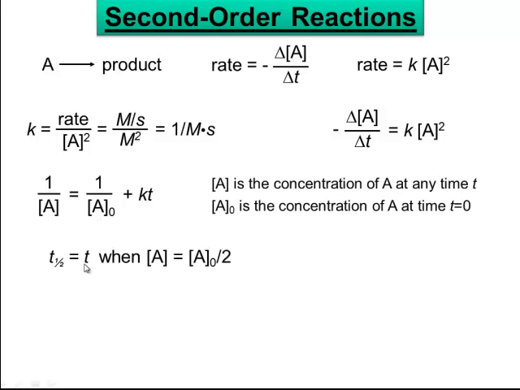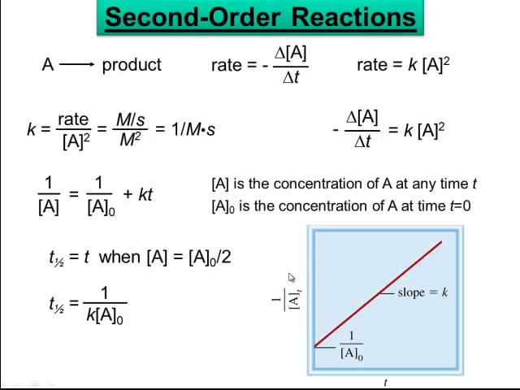Now when t is equal to t half, A will be equal to A0 by 2, and hence if it is substituted in this particular expression, we will get t half to be 1 upon K into A0. That means here the half-life depends on the initial concentration of A. If the initial concentration of A is large, then the half-life will be small, whereas if the initial concentration of A is less, then half-life will be longer.